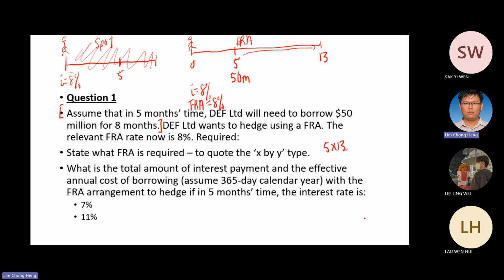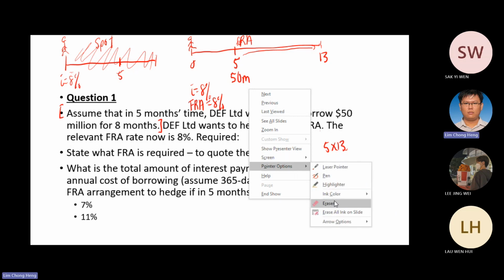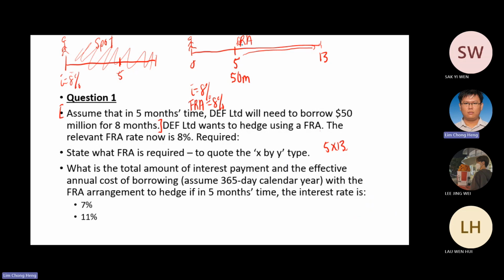Any question? No question, huh? Okay. Now assume after 5 months, you come to here, and the market interest is 7%.